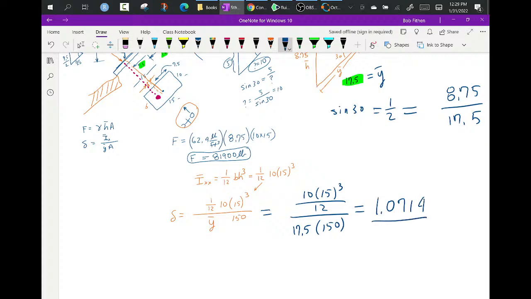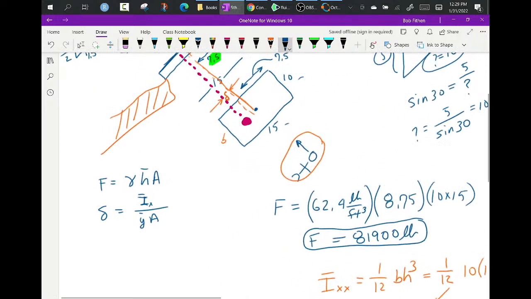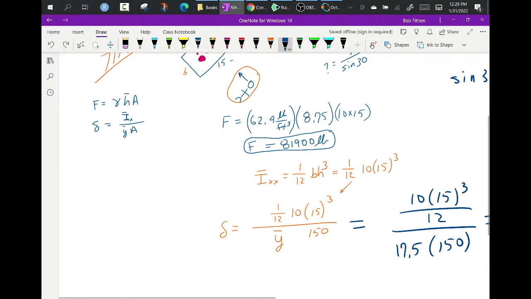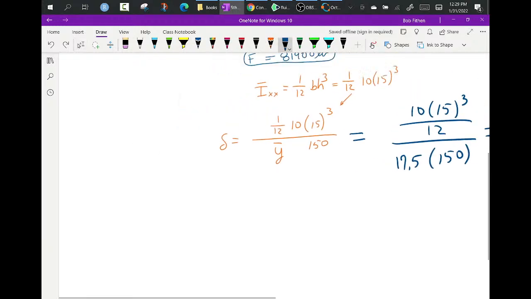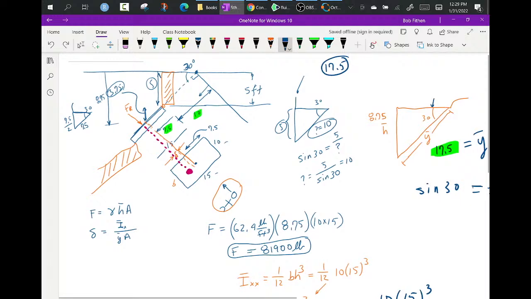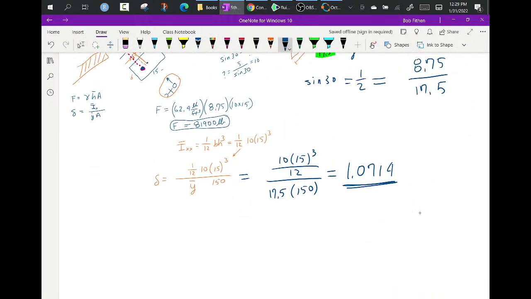Usually this is a reasonably small number as compared to the length that it goes down there. So now what does that tell you? It tells you that the location of this load is 1.07 below the centroid, and it's that amount.